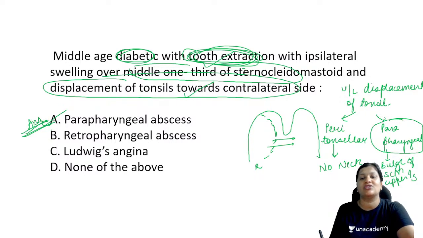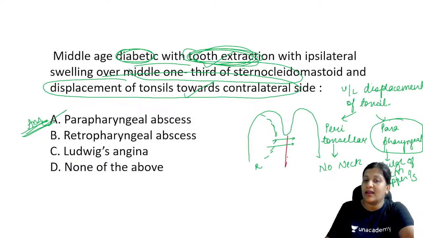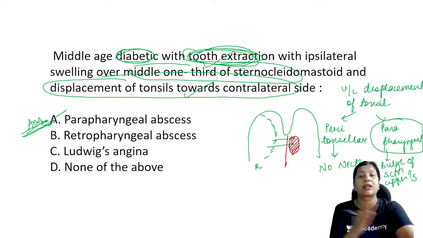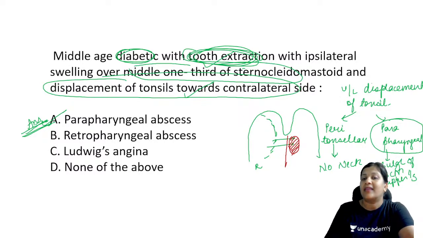is parapharyngeal abscess. Now, if they had given you a question that there is a diabetic presenting with a swelling on the posterior pharyngeal wall on the side of the midline, not exactly in the midline but in the paramedian position, then your answer would be retropharyngeal abscess.